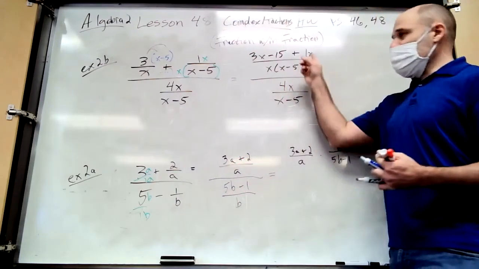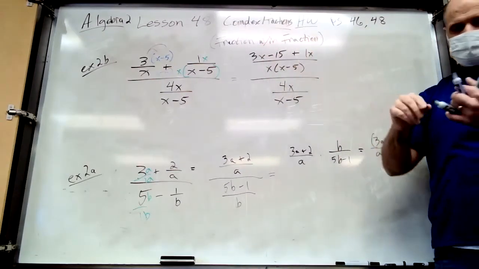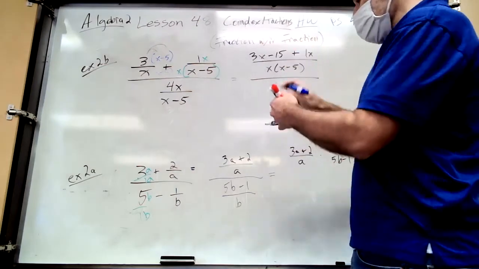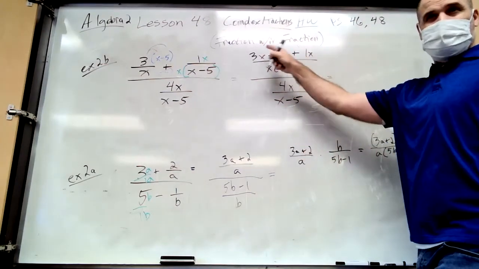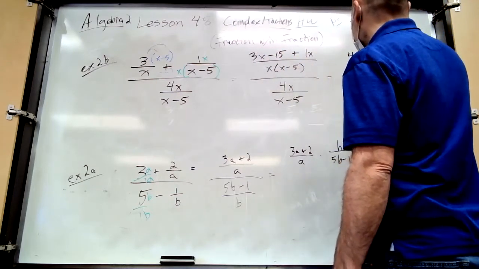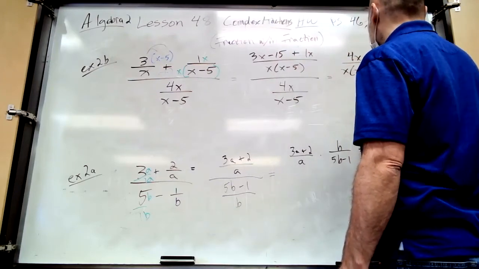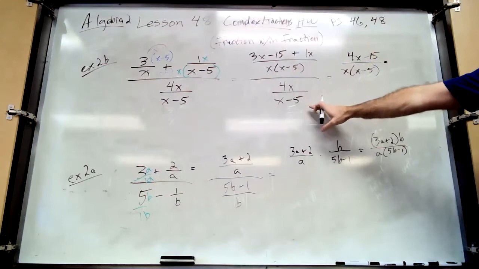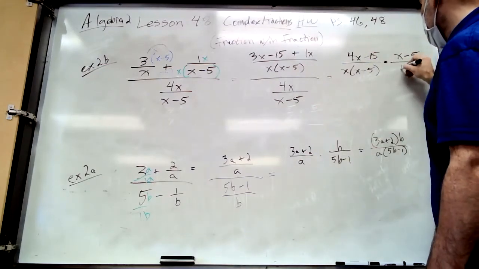But look, we've got some like terms. So we can combine those together and we get 4x minus 15, all over x times x minus 5, dot, we're going to flop this, x minus 5 all over 4x.